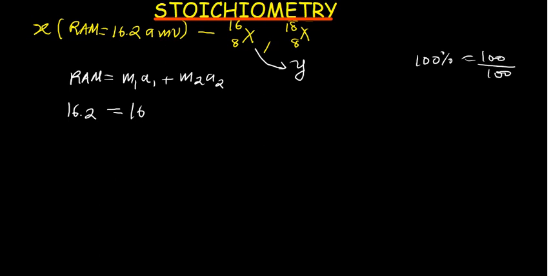So if the abundance of this one is Y, then to find the abundance for the other one, we say 1 minus Y. This is going to be the abundance such that when we add Y plus 1 minus Y, the negative Y and positive Y cancel, and that gives us 1. And 1 as a decimal is 100%. Does that make sense? So the two abundances, when added, should give you 100% or 1 in decimal form.